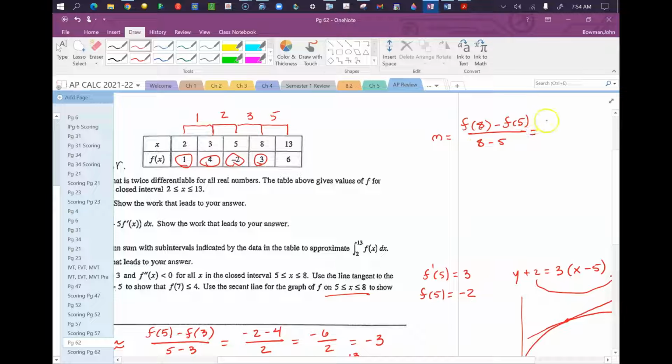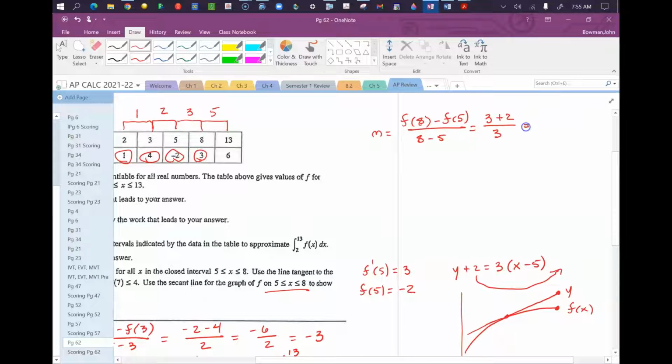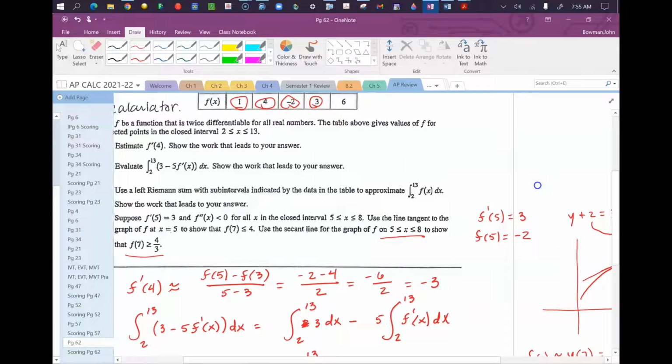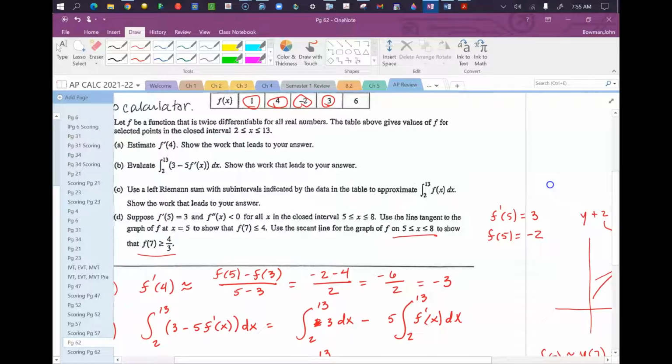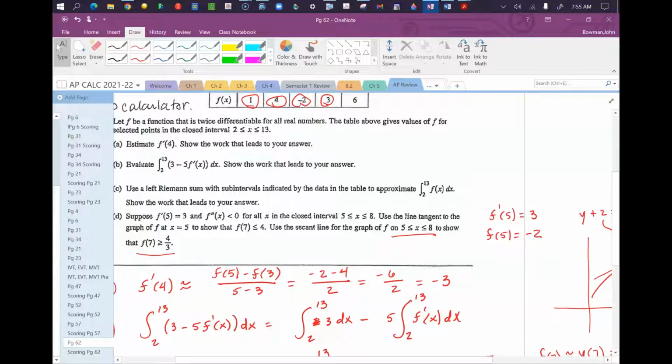So f of 8 is 3 minus f of 5, which is -2, so plus 2, over 3. So we have a slope of 5/3, and we are again going to use the secant line to show that f of 7 is greater than or equal to 4/3.